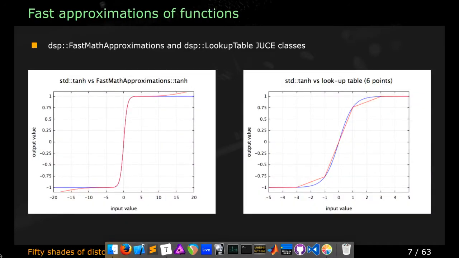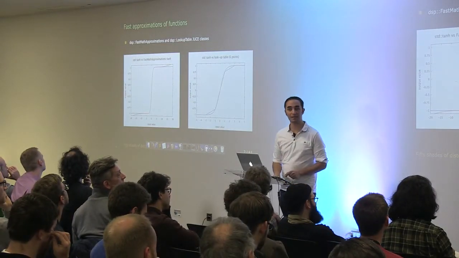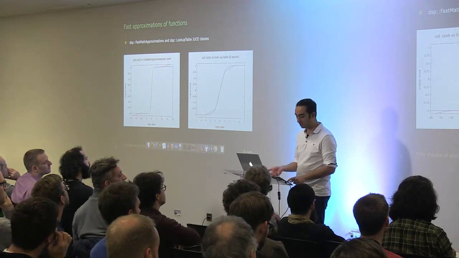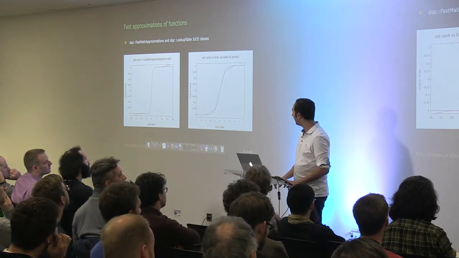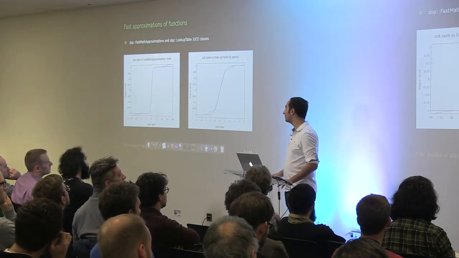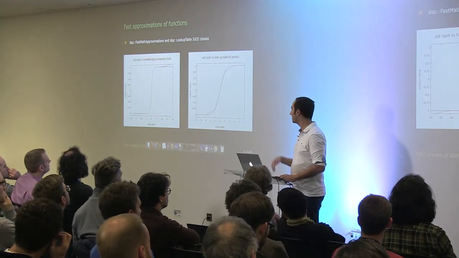And a little word about what I call fast approximations of functions. For example, if you use a hyperbolic tangent, it's a function which has a cost in terms of CPU load. And when you use a lot of them in an algorithm, you might want to use equivalent functions that are faster to compute. And that's something I do a lot in my distortion algorithms.